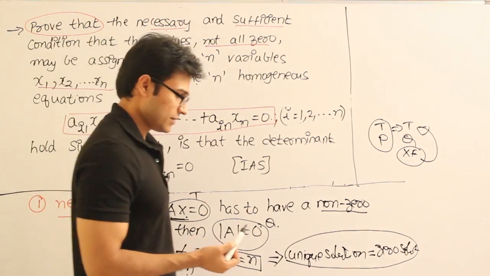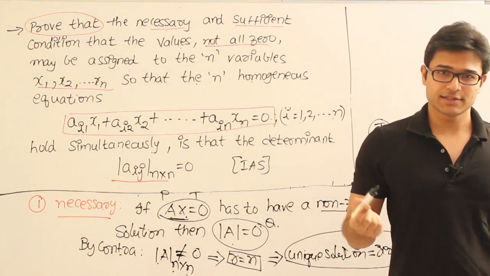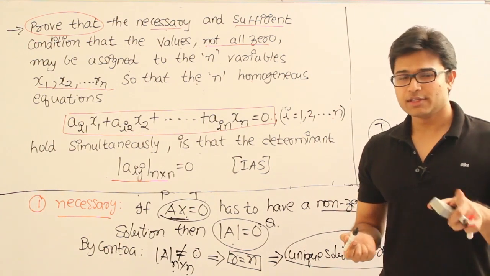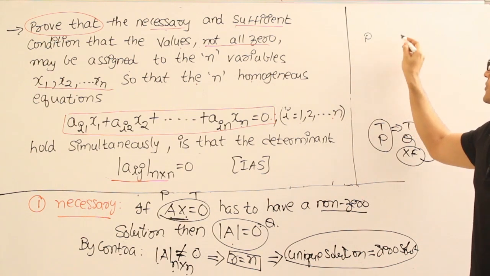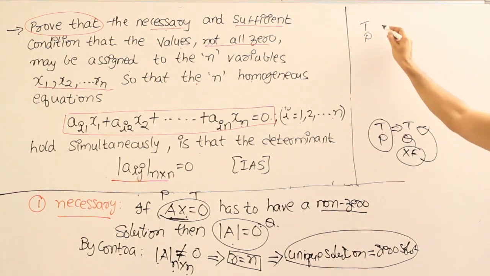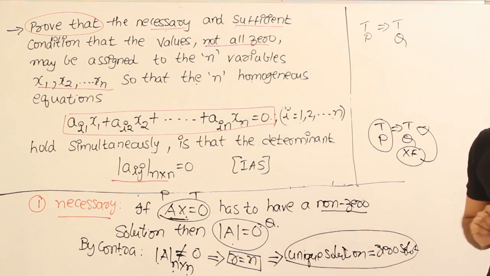I'll again repeat it. See this. Whenever you have to satisfy necessary and sufficient conditions, generally P and Q will be given. If P, then Q, that kind of question will be given. Then necessary condition means you have to assume that P is true, and then derive that Q is true. What am I trying to do here?